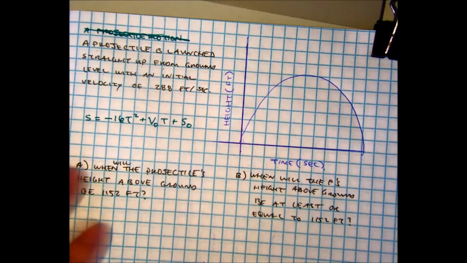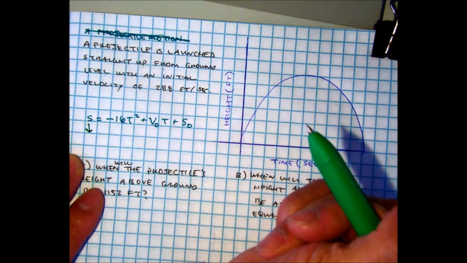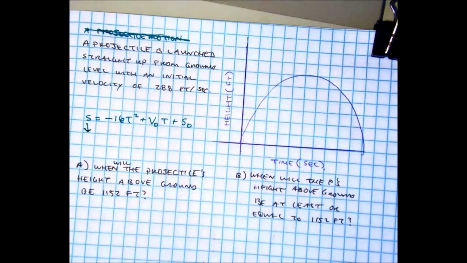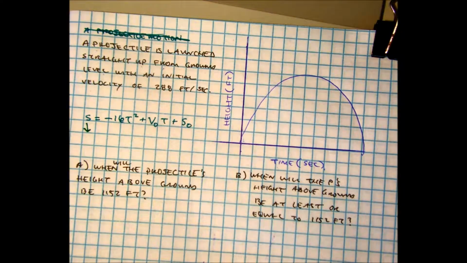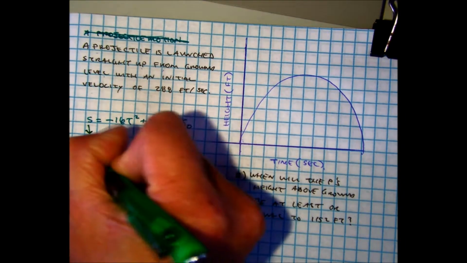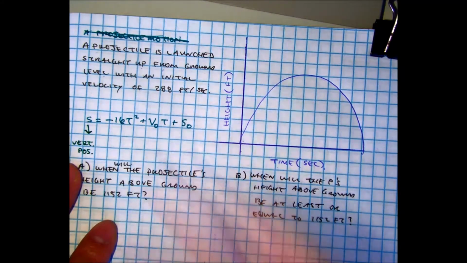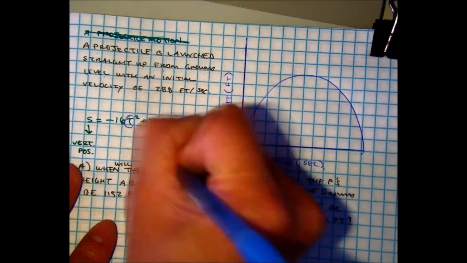Class, can you help me? What does the S represent? What did you guys copy? S is the vertical position. T represents what?